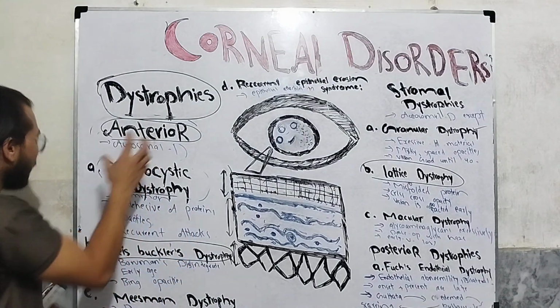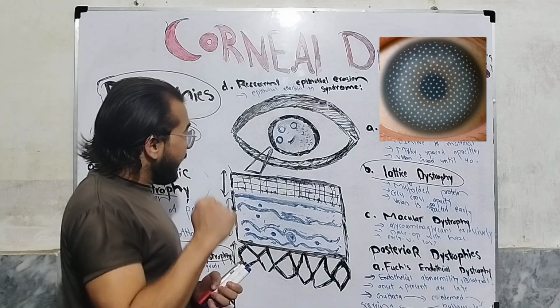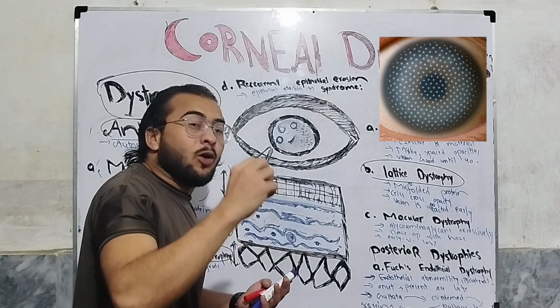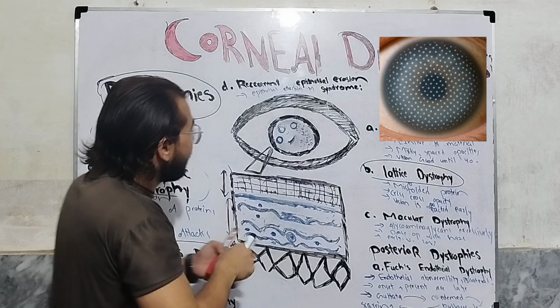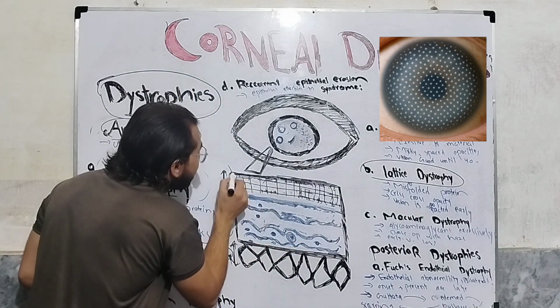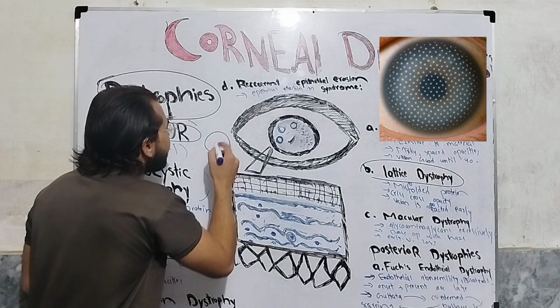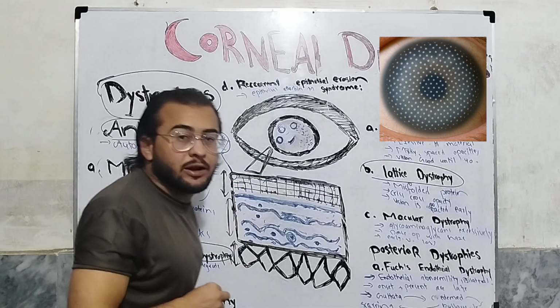Now the third one of the anterior dystrophies is the Meesmann dystrophy. In Meesmann dystrophy, there is a problem with the cytoskeleton of the epithelial cells. If I take one epithelial cell, we know that there is a cytoskeleton in the cells, and the cells will ultimately be destroyed.